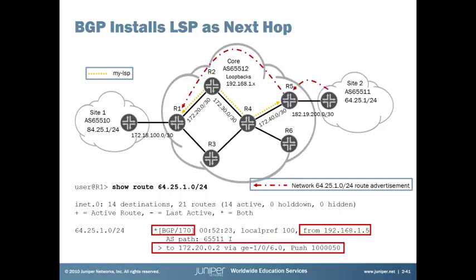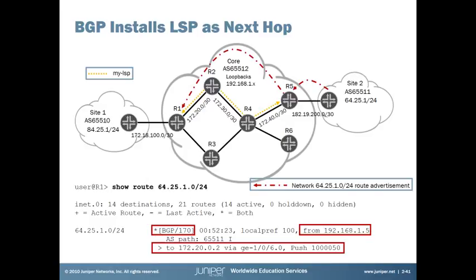So if we do a show route 64.25.1.0/24, we will find we have a BGP route. Now we're running this on R1. We have a BGP route, and the next hop is to 172.20.0.2 with the push statement on there, which signifies that this traffic is going into that label switch path.